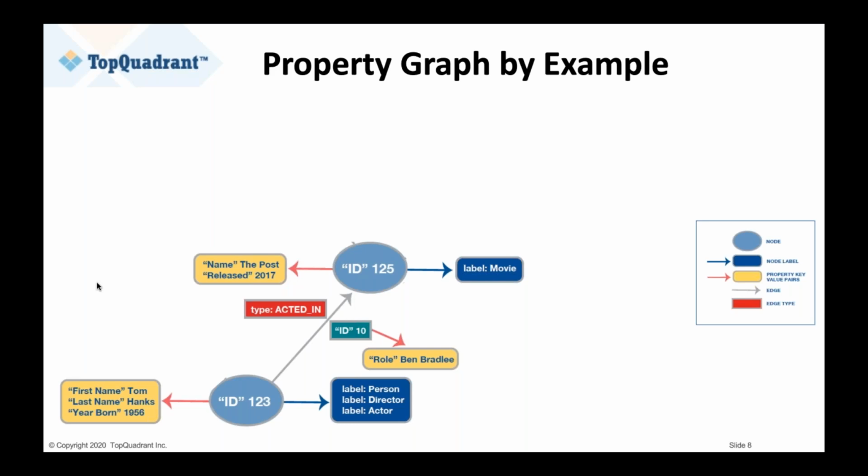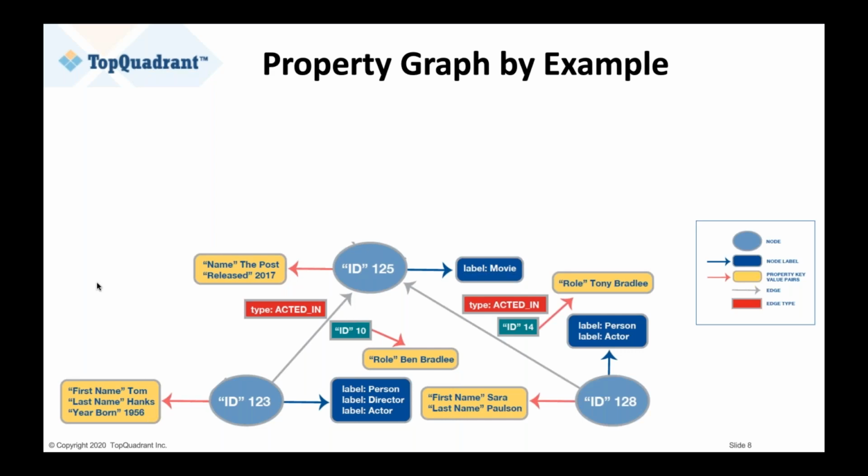That's one example of the difference. But it basically gives you the nature of the relationship. And you could hang property key-value pairs on that edge as well. And here we see that Tom Hanks in this particular movie played the role of Ben Bradlee. You see a little legend on the right that helps you figure out the semantics here.